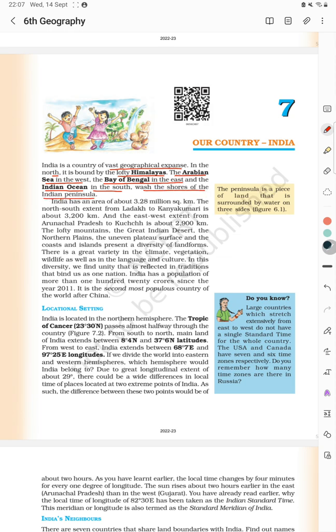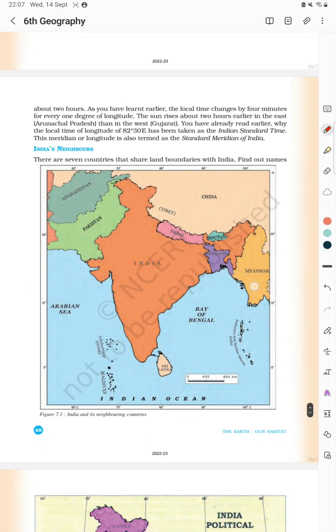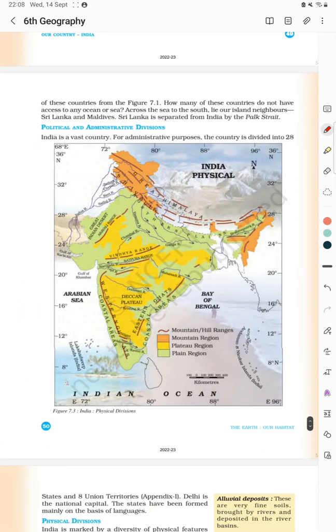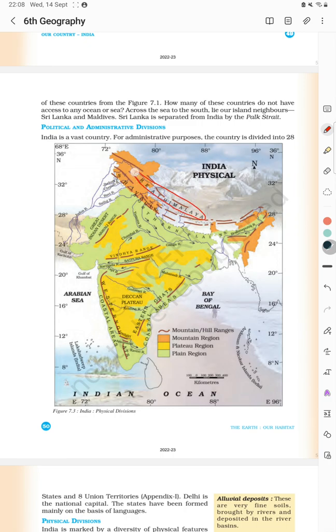Let us give you a brief about the location of India. So this we will have clear idea from the physical map of India. In the north, there is Himalayan mountain. This is basically Himalaya in the north.